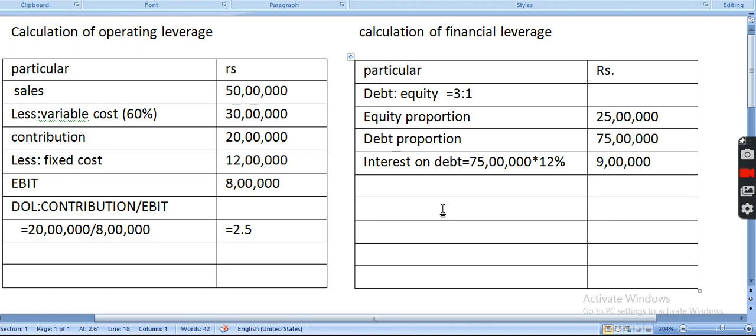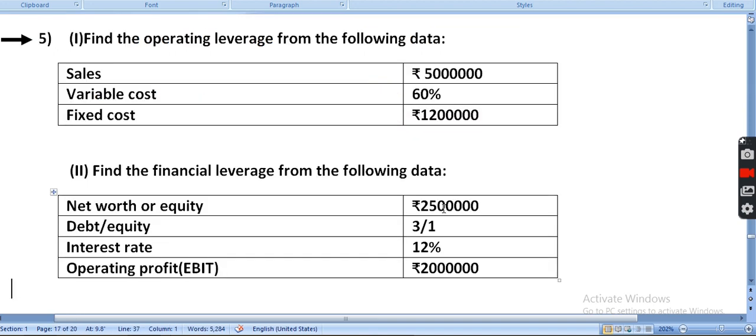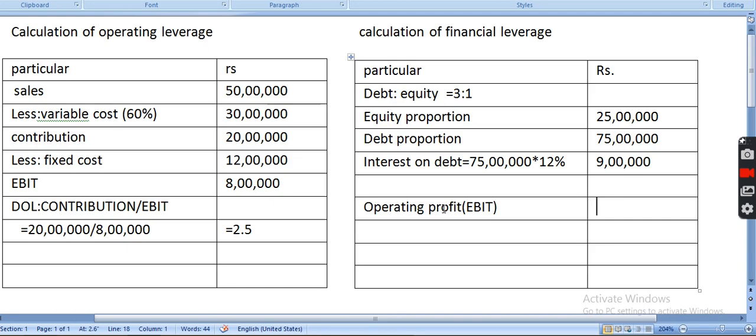Then you start with the first information given, that is operating profit, which is also known as EBIT, earning before interest and tax. What is EBIT? That is 20 lakh rupees. Then less interest. Interest is always on the debt amount, and we already calculated it as 9 lakh rupees.